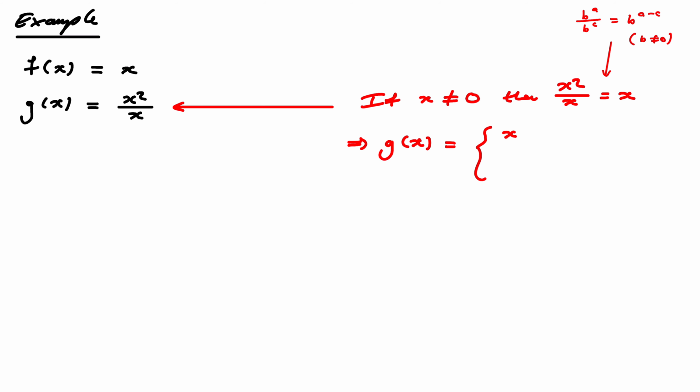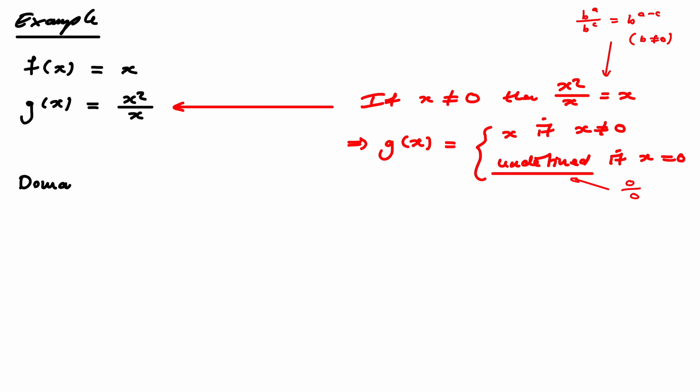It is x, of course, if x is not equal to 0, just by the law of exponents. But if x is equal to 0, I'd be dividing through by 0. It would be 0 over 0, undefined. Undefined if x is equal to 0. Okay, why? Well, of course, it's 0 divided by 0. Doesn't make sense. So even though the algebra says they look the same, they're not as functions.